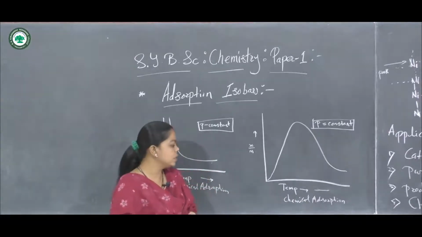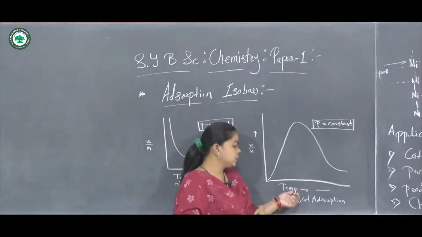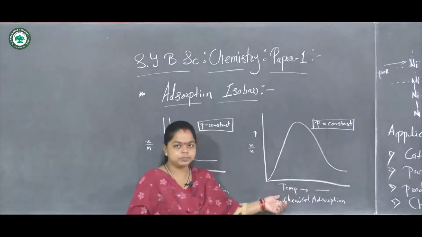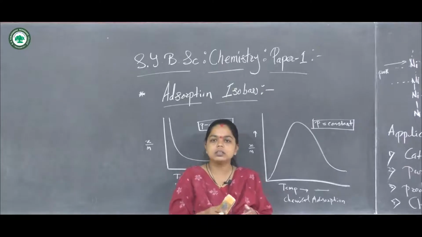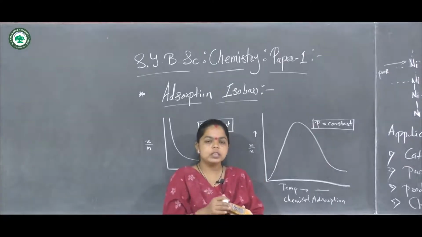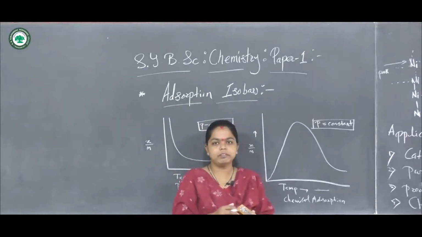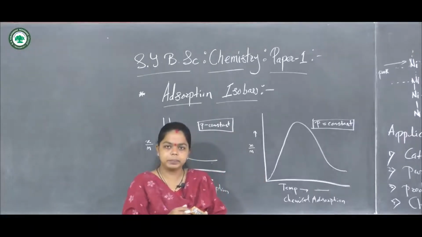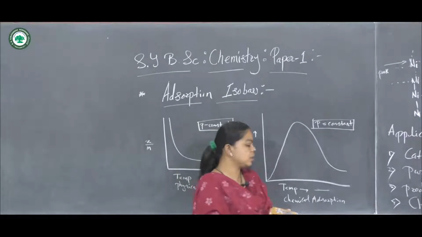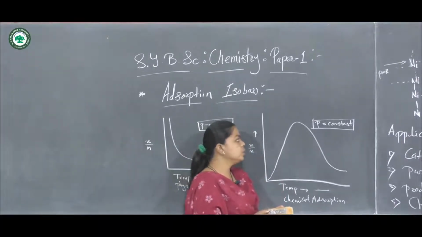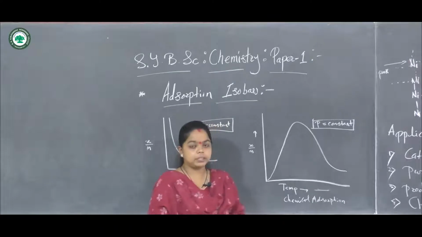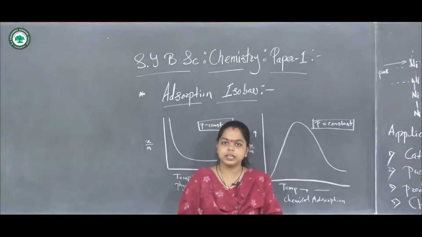So what happens when we change the temperature here? As the temperature rises up to a certain value, the adsorption increases. Up to an optimum or intermediate temperature, the adsorption process goes on increasing. But if we increase the temperature to a higher value, the adsorption process decreases again.